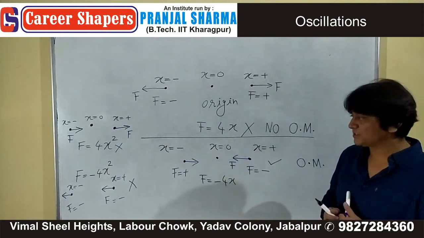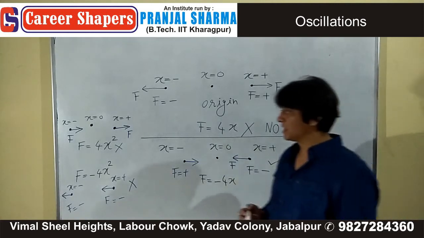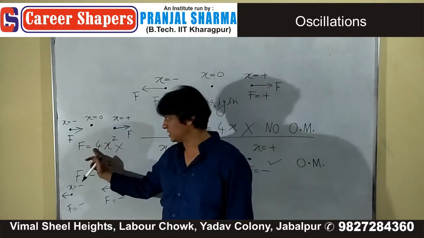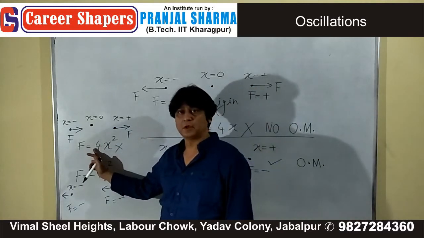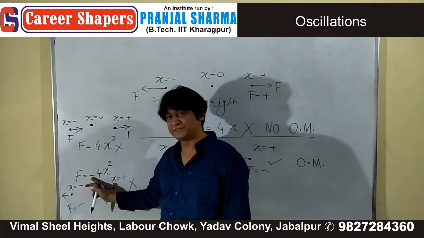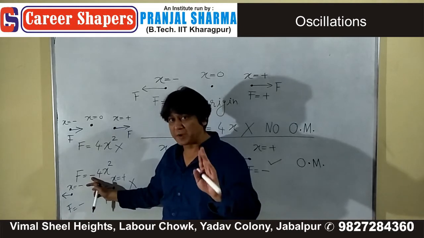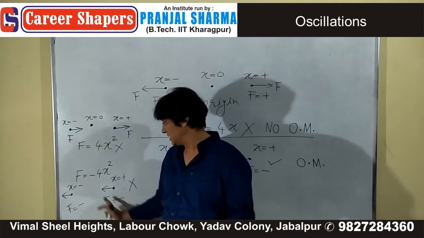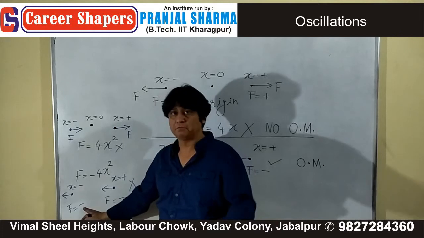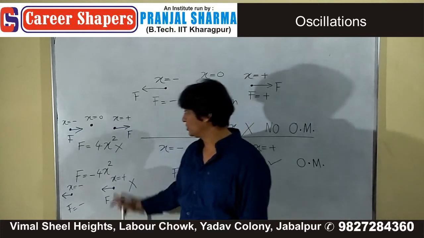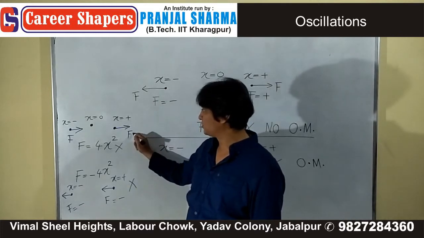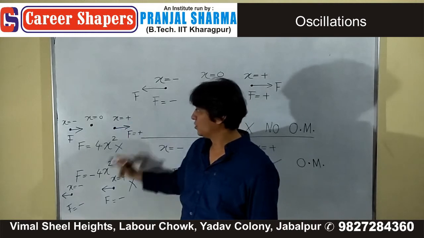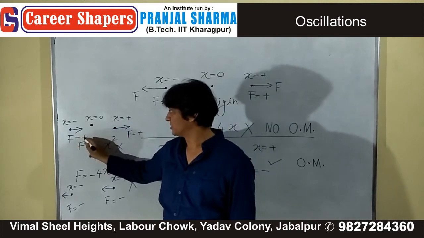So by now you must have seen that if you have a positive sign or if you have a negative sign, which always remains there, negative, negative, there is no oscillatory motion. Force is positive.